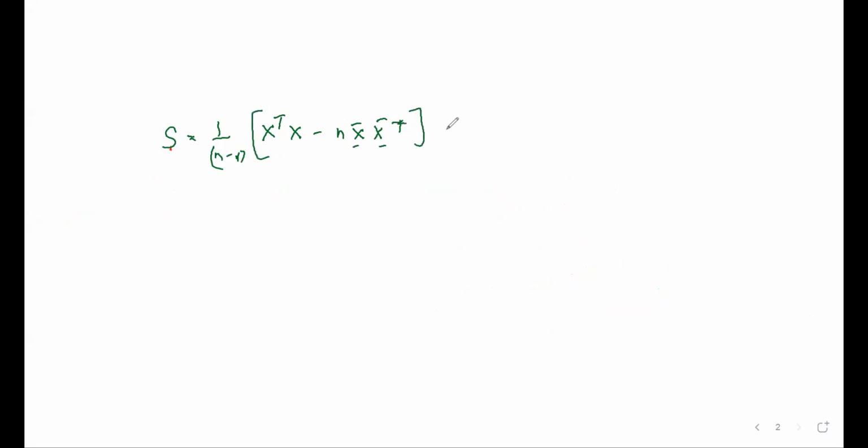Right. So here it says we can again write it as 1 over n minus 1 x transpose, sorry, I minus 1 over n 1 1 transpose x. So this part we now denote by H.